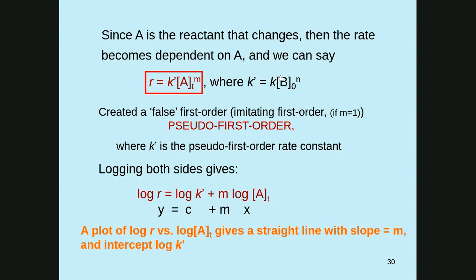Well, it is a power law dependence, and the standard procedure is then to turn that into a linear expression by taking logarithms on both sides. So you take the log of r, that is the log of k prime times this. You split the logarithm into a sum, so the log of k prime plus the log of A to the m, where the index m then comes in front of it.